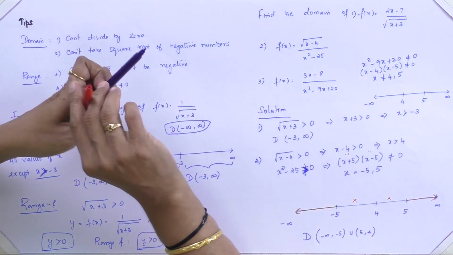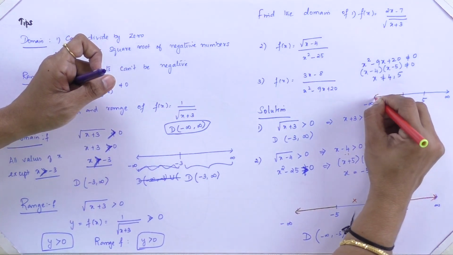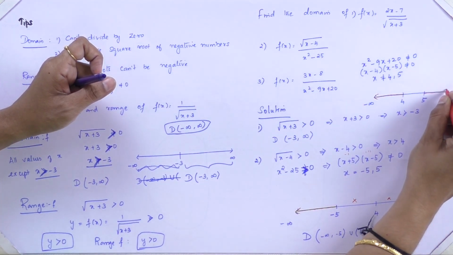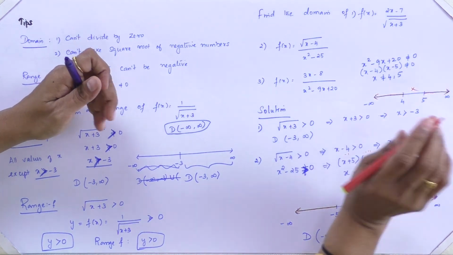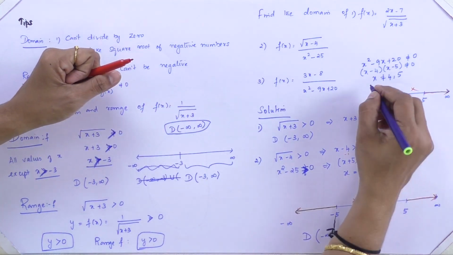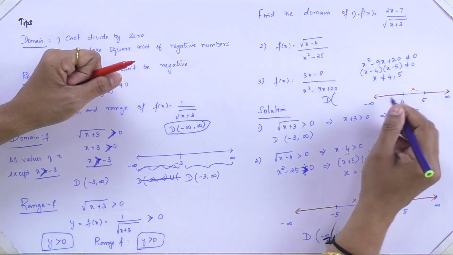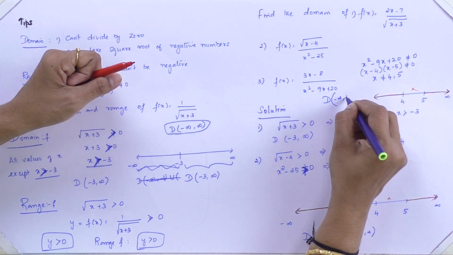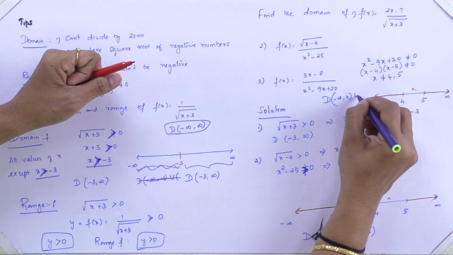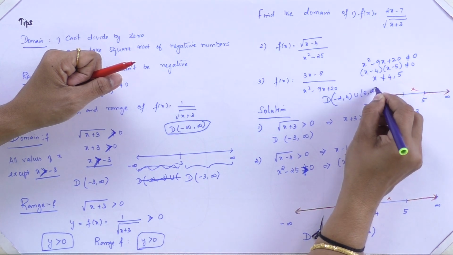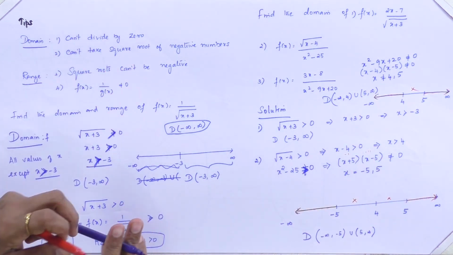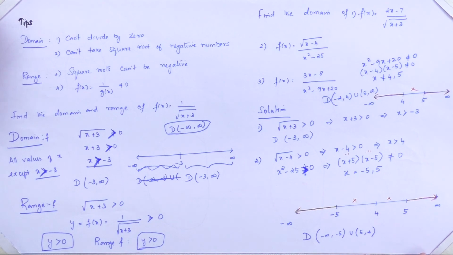So this range I will get, this range also I will get, but here I will not get. So the domain of this function is negative infinity to 4 union 5 to positive infinity. So that becomes the domain. So that's all for this session.